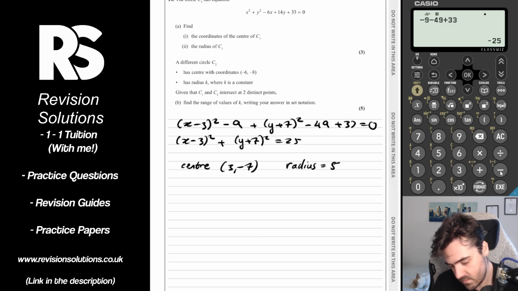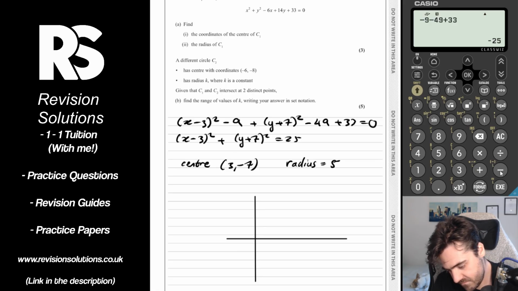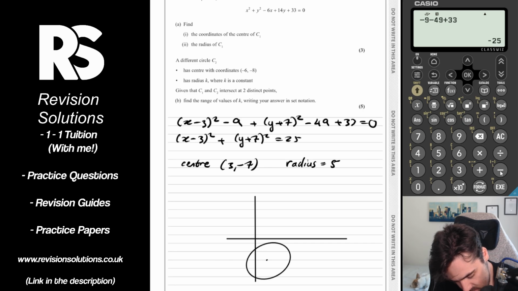So if I draw myself some axes here. So our first circle was at 3, minus 7 with a radius of 5. So let's put them here. So it's going to look something like this. That's a rubbish circle. Let's try again.